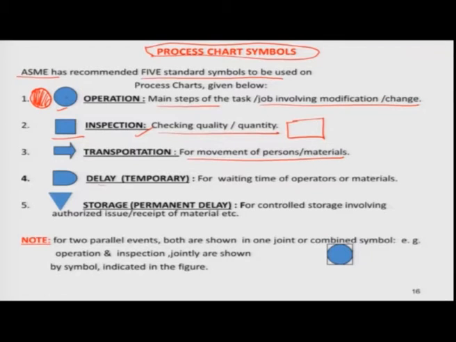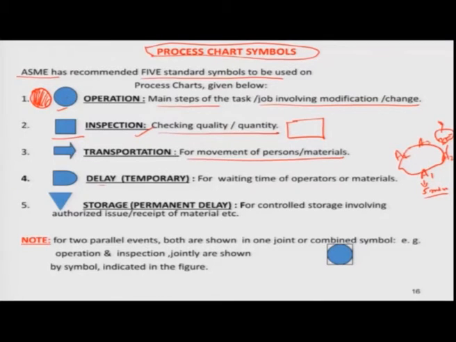The fourth one is delay. Suppose in an assembly work system, there are workstations A1, A2, A3 and A4. Suppose it takes 5 minutes to produce one part, and it takes 7 minutes to process the next step.